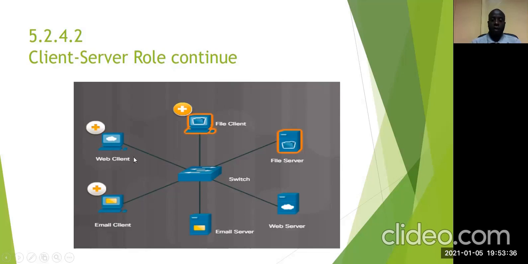All these servers run applications. The web server you use to fetch information to get to the internet. The file server you use to get information stored in files. The email server you use to fetch information, like retrieving your email.